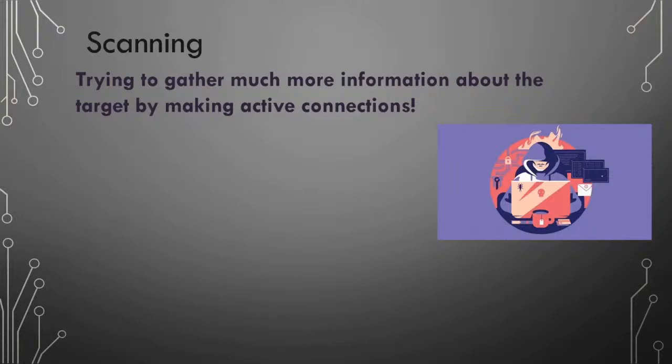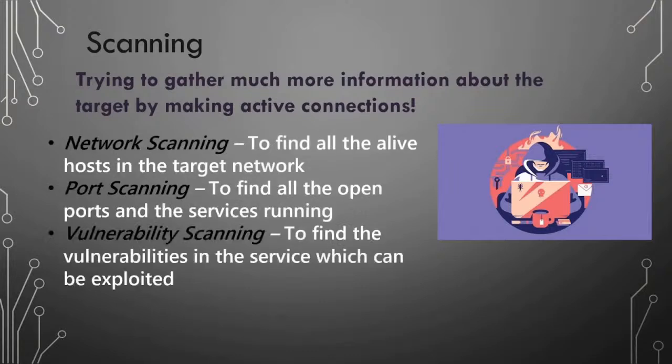Now, when we talk about scanning or enumeration, there are three types of them: network scanning, then port scanning, and then finally vulnerability scanning. In network scanning, we try to figure out what devices are active on the target network. Okay, so what operating systems are they using, what servers are available, what client operating systems are there. So trying to understand what devices they are using: IDS, IPS, routers, switches.